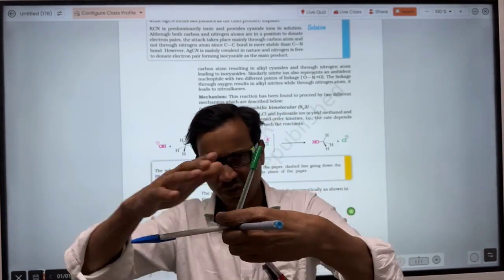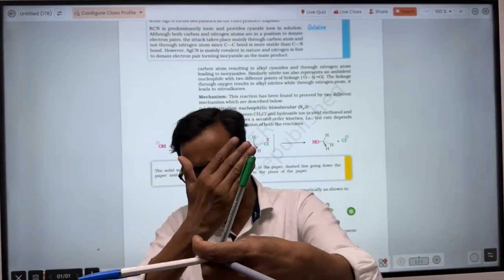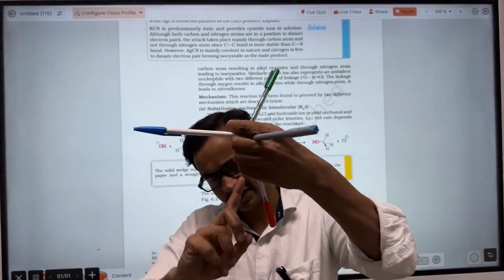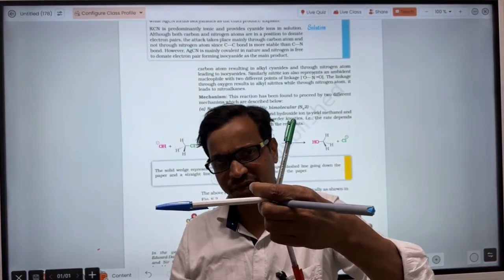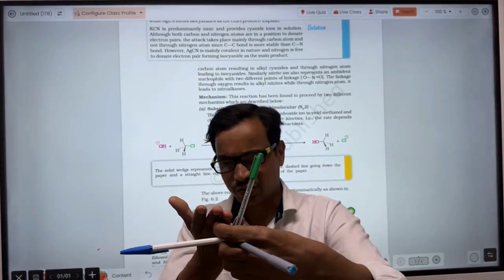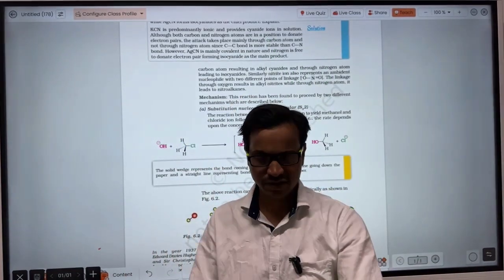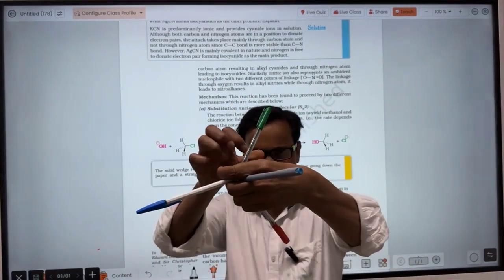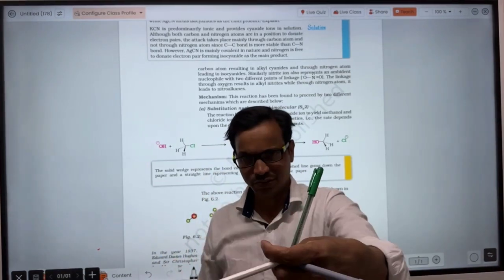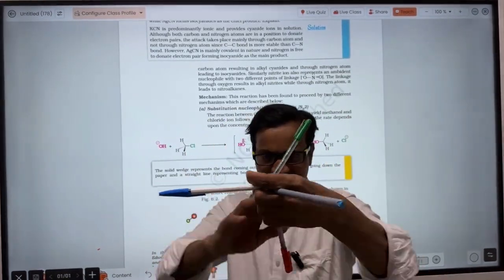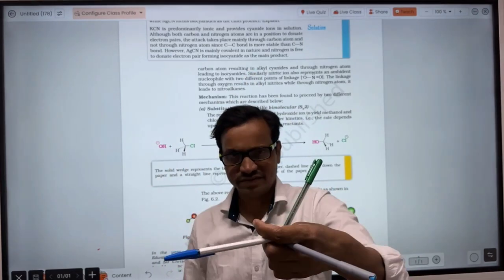This group is towards the observer and this group is away from the observer. When you keep it below your eyes, you will find that this red color pen is towards you, and this yellow-orange color pen is away from you.